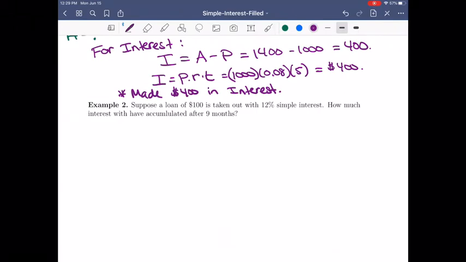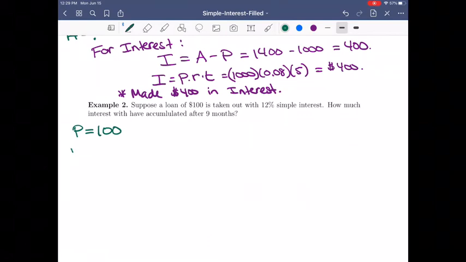So my principal is the amount I borrow, that's $100 here. They tell me that my interest rate is 12%, so as a decimal, that's 0.12. And T is 9 months.